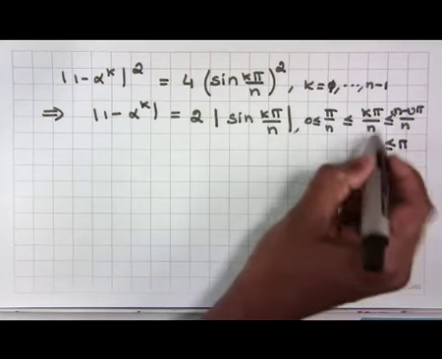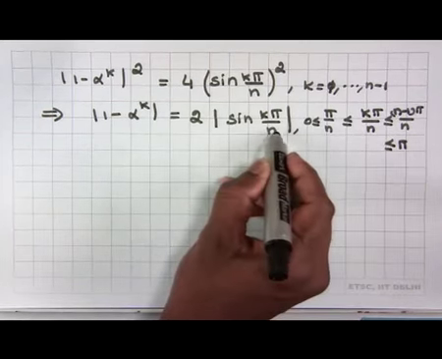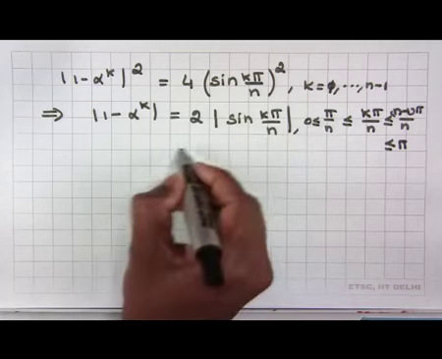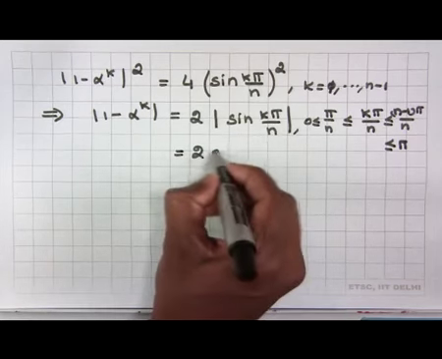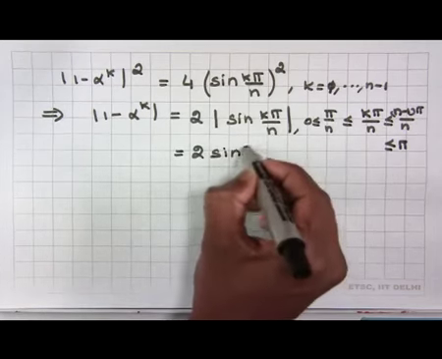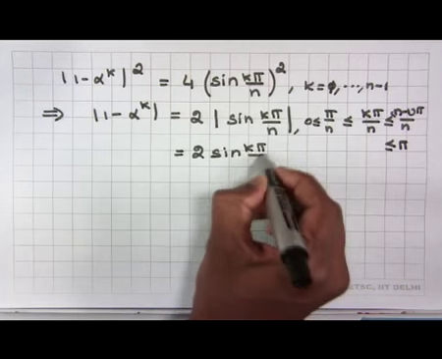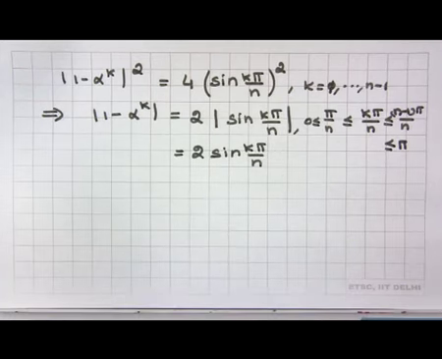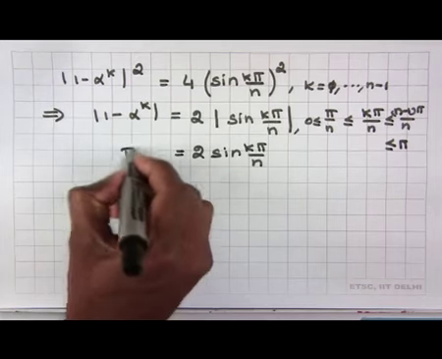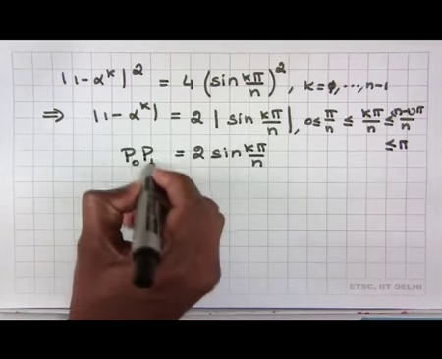Under this argument, the sin value is always non-negative. So, we get the value 2 times sin k pi by n, which is nothing but the distance from P naught to P k.